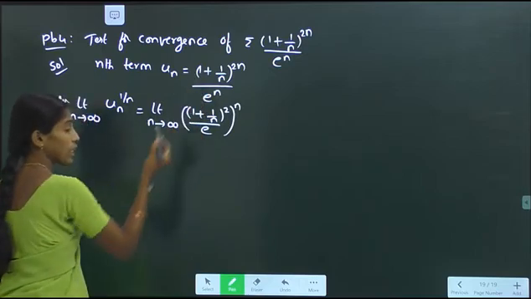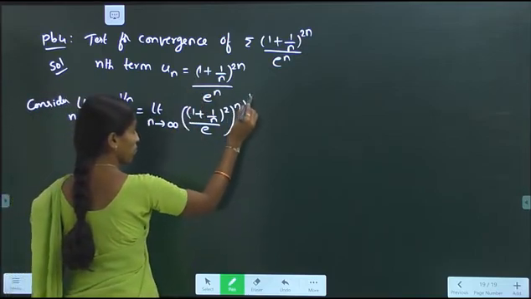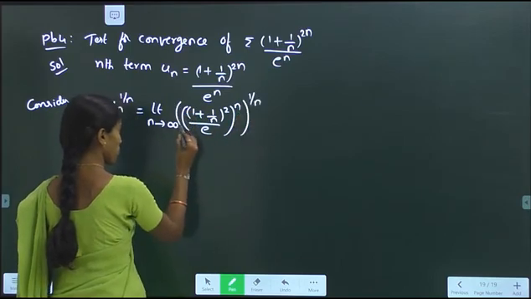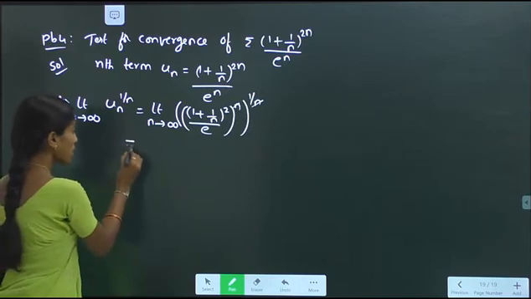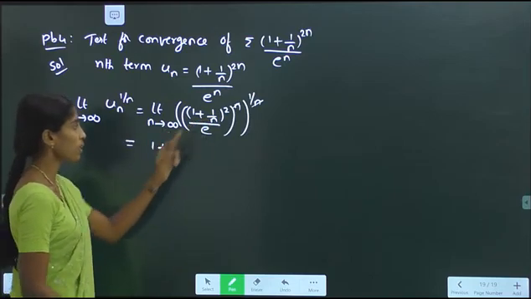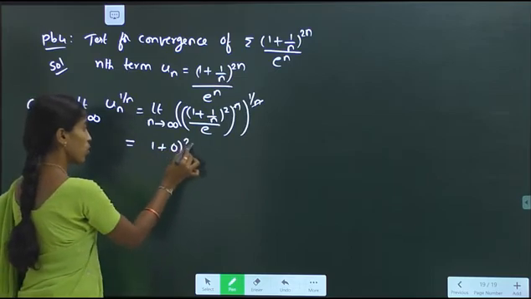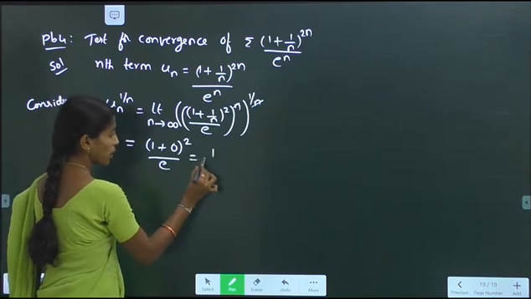We can write like this, un to the power 1 by n. This n cancels here. Now apply as n tends to infinity, 1 by n tends to 0, whole square by e, which is 1 by e.